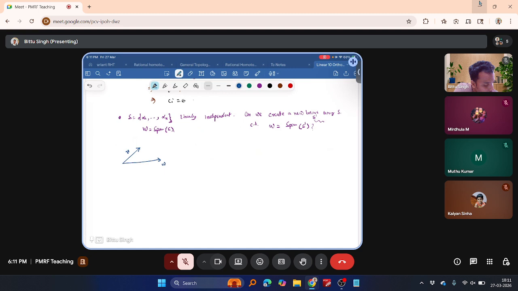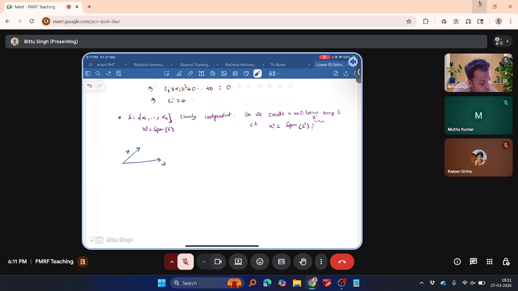Note that those two vectors are not orthogonal to each other, but we are trying to create a new vector which is orthogonal.